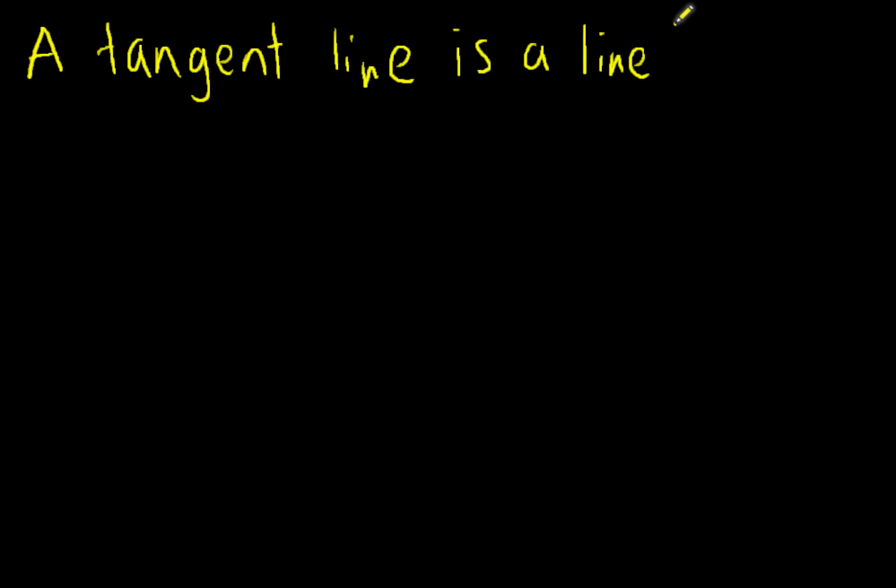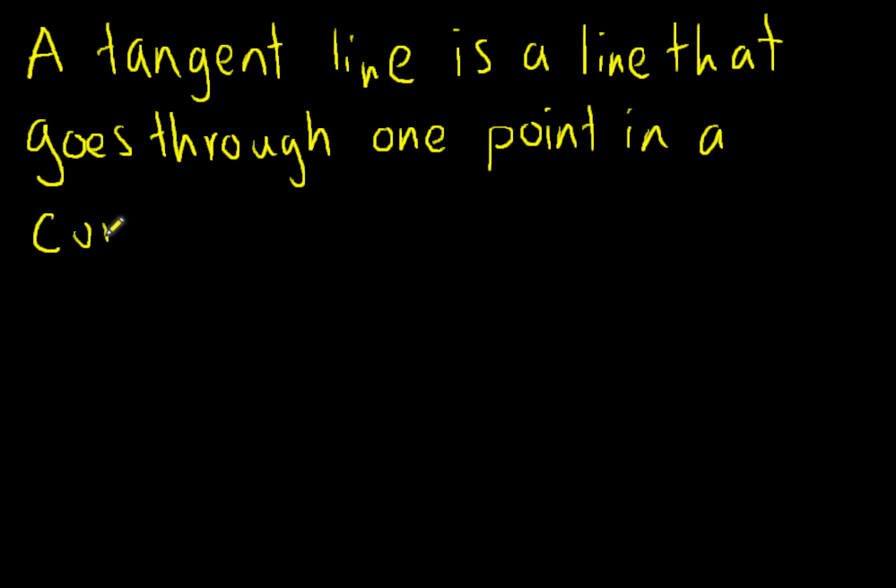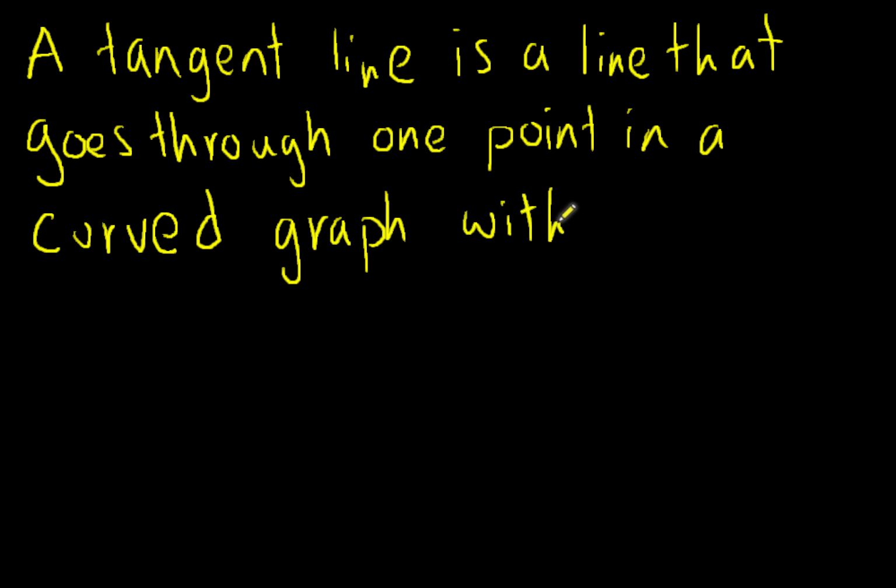A tangent line is a line that goes through only one point on a curved graph without crossing over.